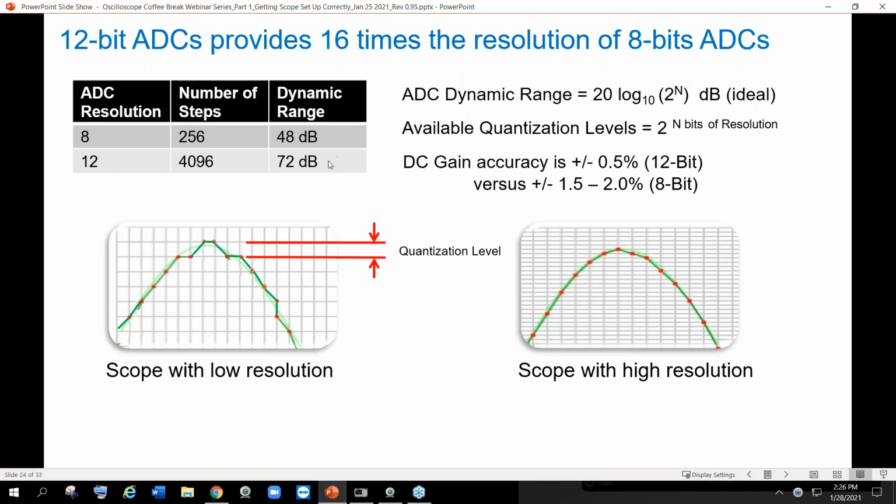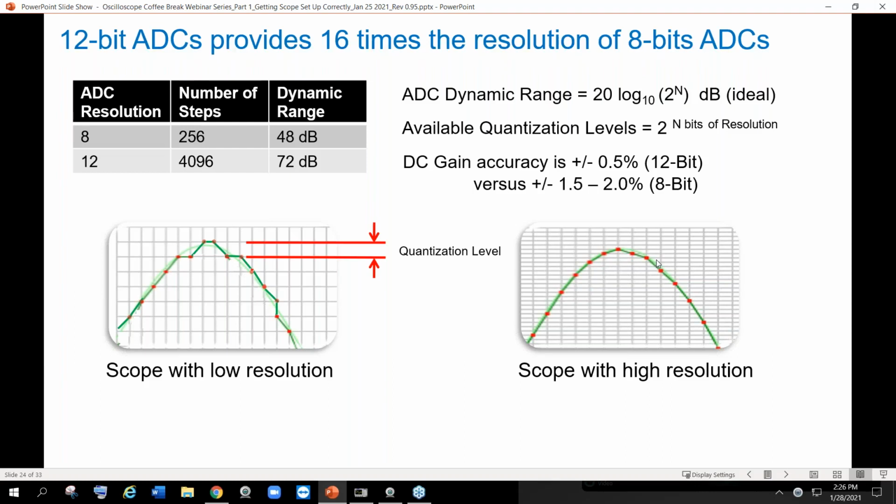But anyway, 48 and 72 dB is the dynamic range. So when you're looking at a waveform, you've either got to put this sample point up here or down here when you define that value. So you have 2 choices, but you can see I took just a small piece of it, and it's wider compared to a 12-bit scope with high resolution.